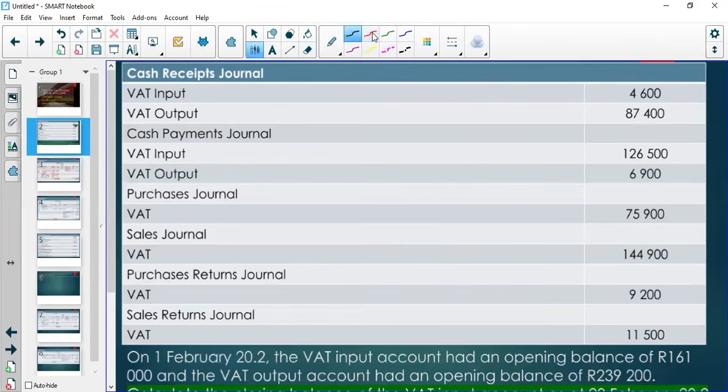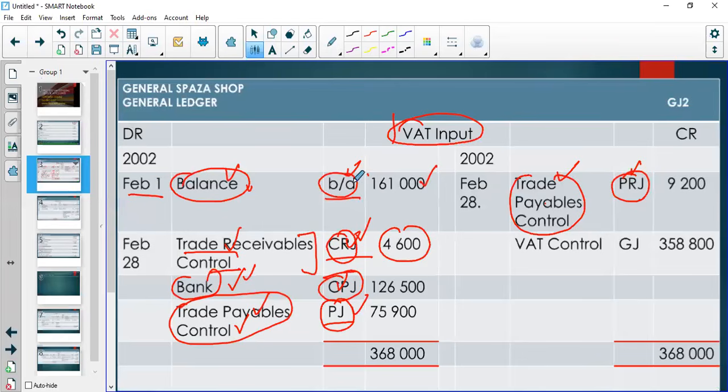So that's why we entered it here. We entered that 4,600 under trade receivables control because it's the customer who was paying and we gave the customer a discount. So that's going to affect our trade receivables control. That is the account that was credited, right?